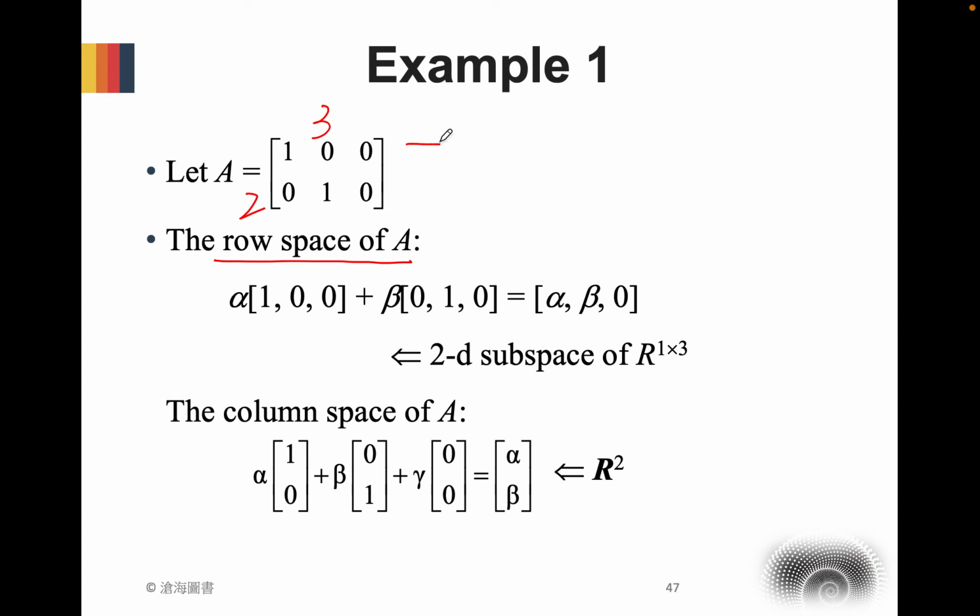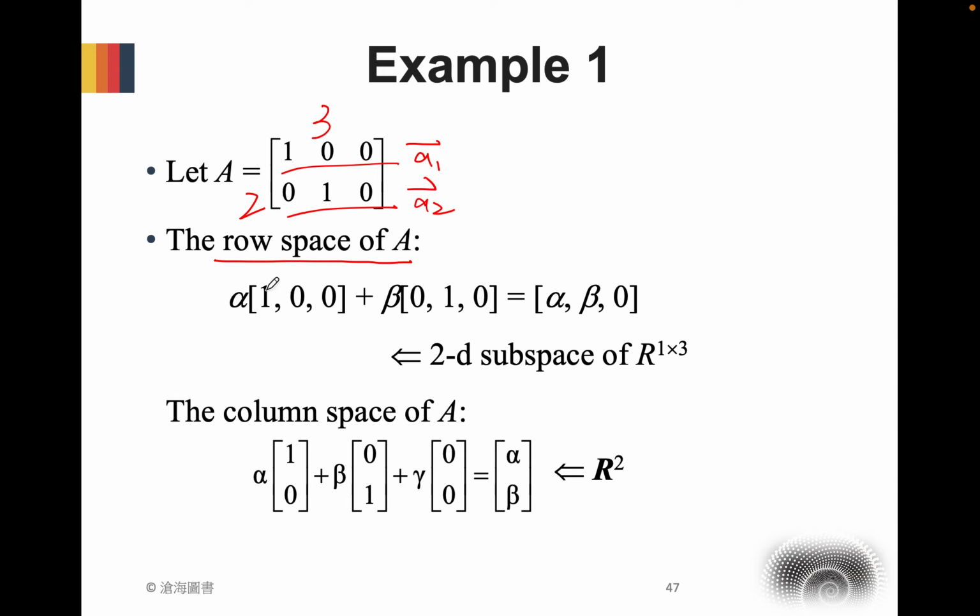So here, A1 is the first row vector and A2 is the second row vector, right? The row space of A is spanned by 1, 0, 0, the first row vector, and 0, 1, 0, the second row vector.